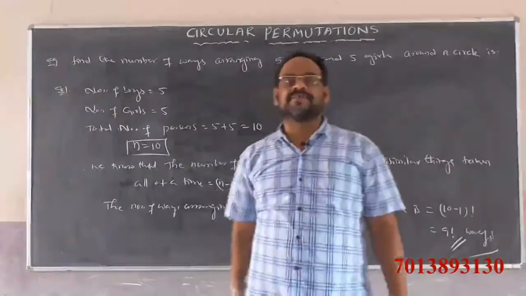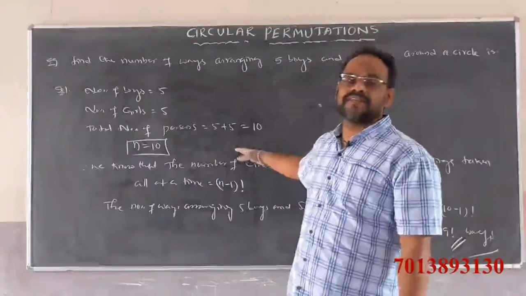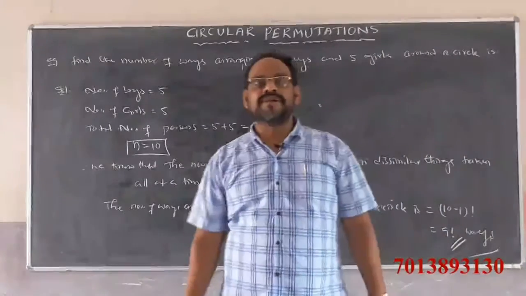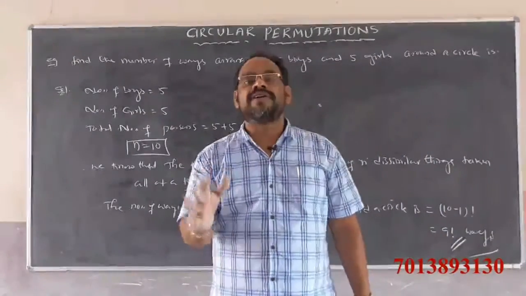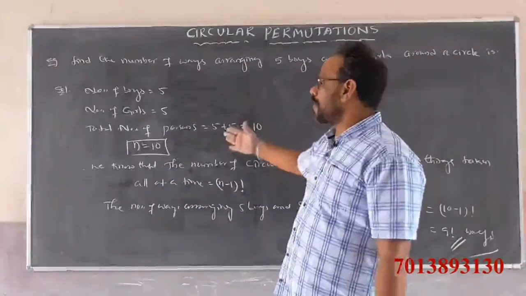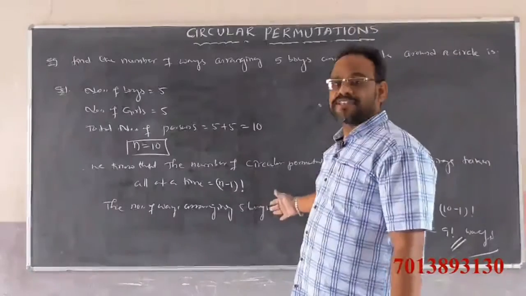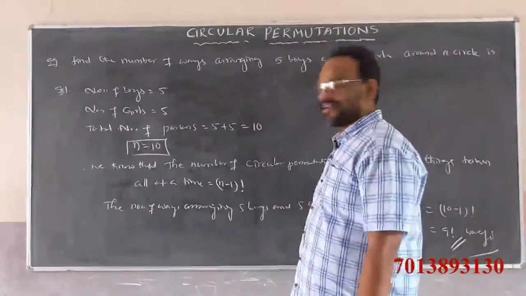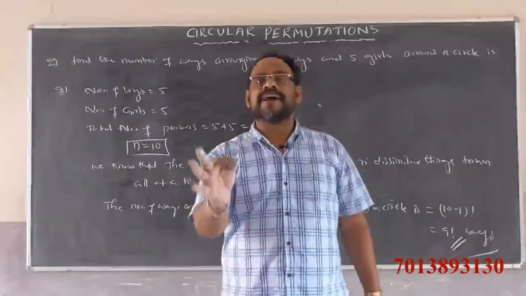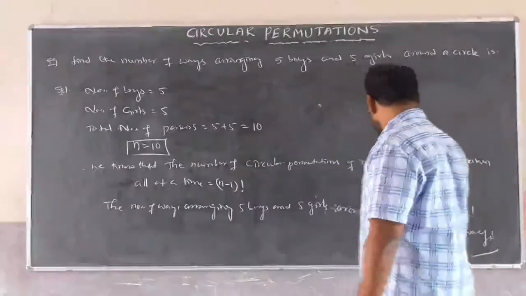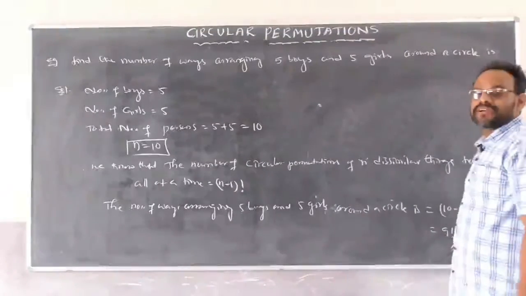Already we discussed the theorem: the number of circular permutations of n dissimilar things taken all at a time is clearly (n minus 1) factorial. So here n is 10, so the number of ways of arranging 5 boys and 5 girls around a circle is nothing but (10 minus 1) factorial, which is nothing but 9 factorial.